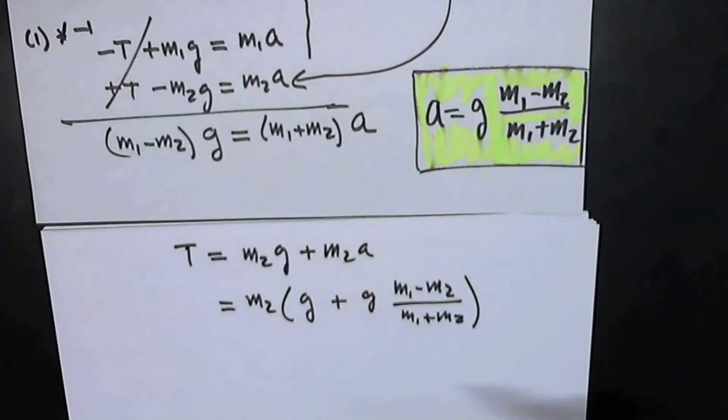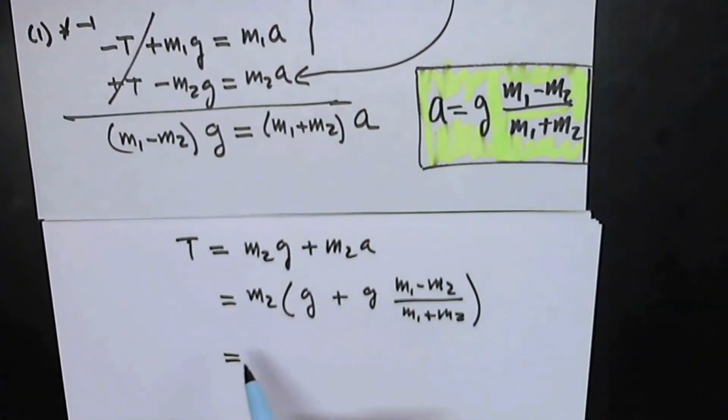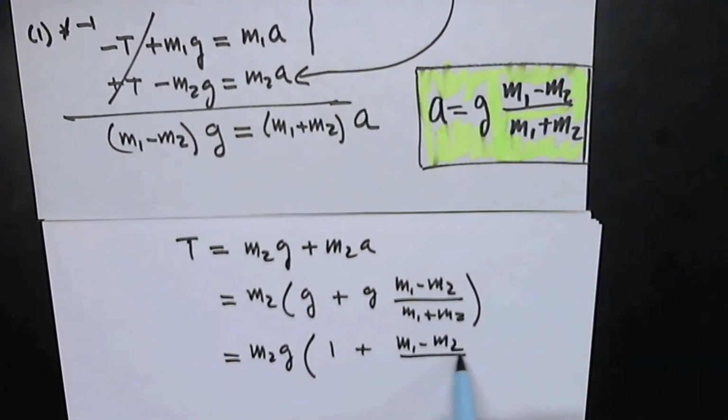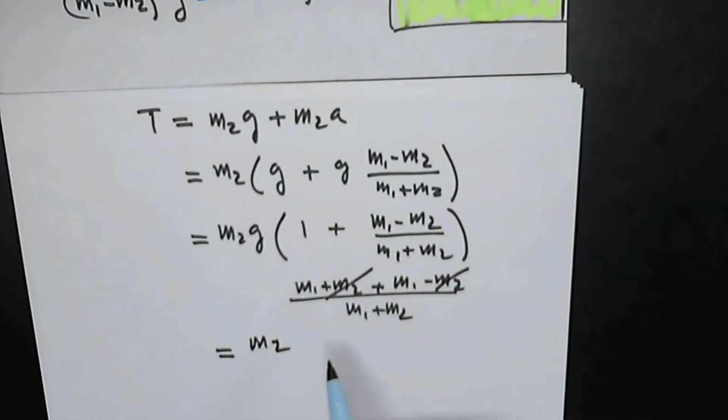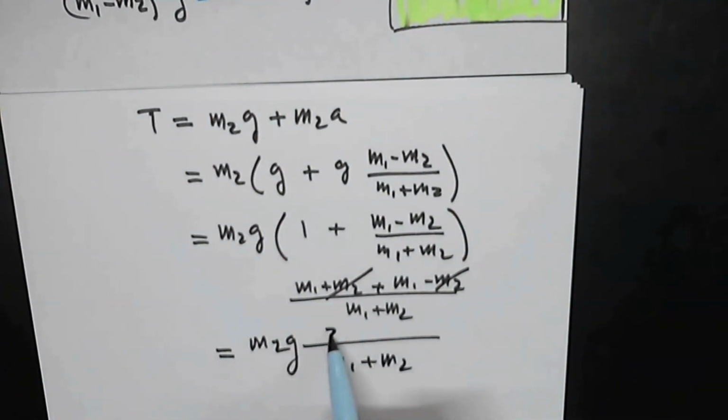And now we could take G common factor, and this is 1 plus the difference over the sum. I can put M1 plus M2 in common, so 1 plus M1 minus M2 over M1 plus M2. The M2 and M1 minus M2 combine, and you get M2G times 2M1 over M1 plus M2.